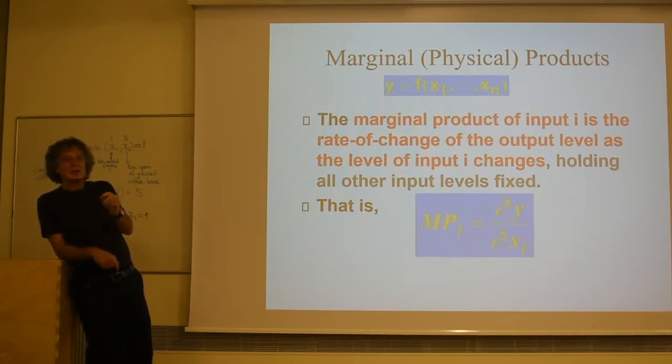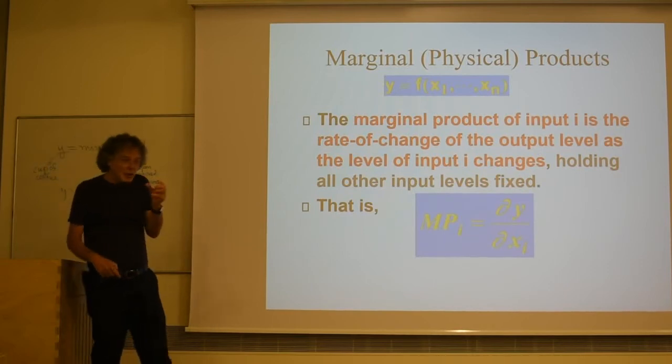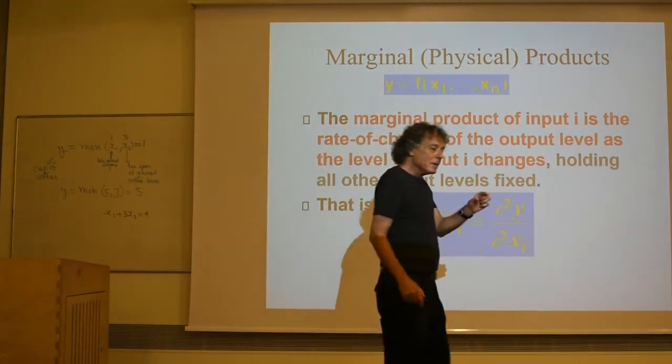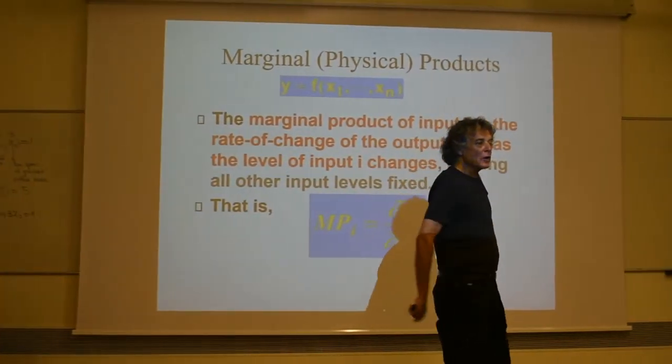So if I change my input from xi to xi plus a little bit, I want to see by how much I change y. And then I take the ratio between the two. That is the rate. However, that ratio depends on the change in xi, even if it's small.